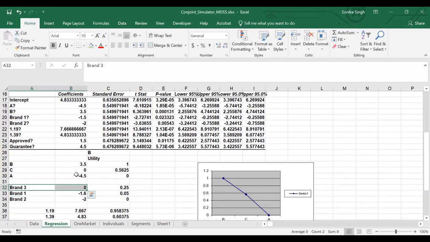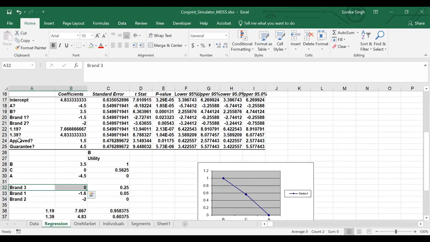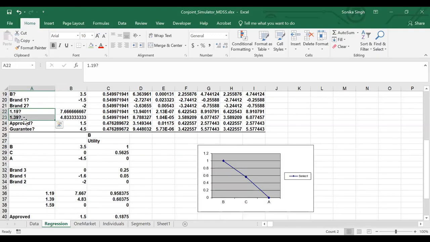So these are the part worths, and they represent the utilities for those particular levels of the attribute. And similarly, this is the price. So 1.19, 1.39 were included in the analysis. This was the base dummy that was excluded, so it has a base level utility of 0.